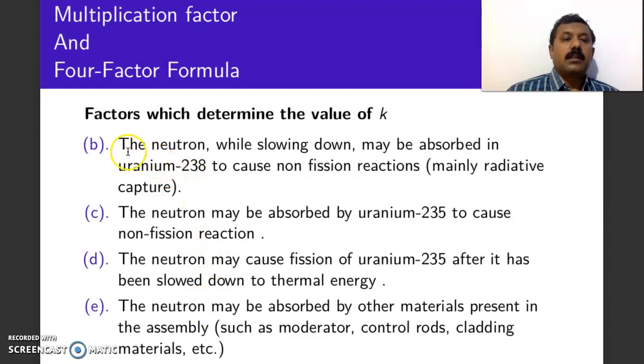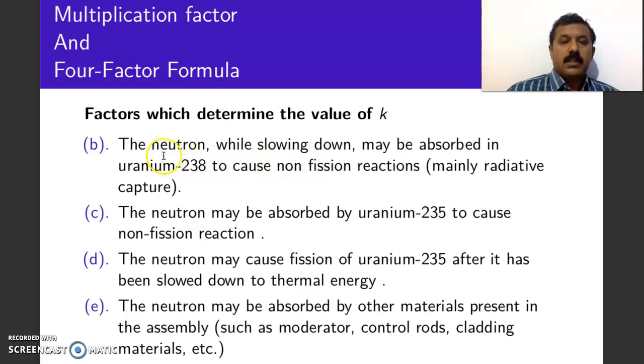And the second process that we can expect is that the neutron, while slowing down, may be absorbed by uranium-238 to cause a non-fission reaction. This is the n-gamma process, which we call the n-gamma reaction. It is also called radiative capture.